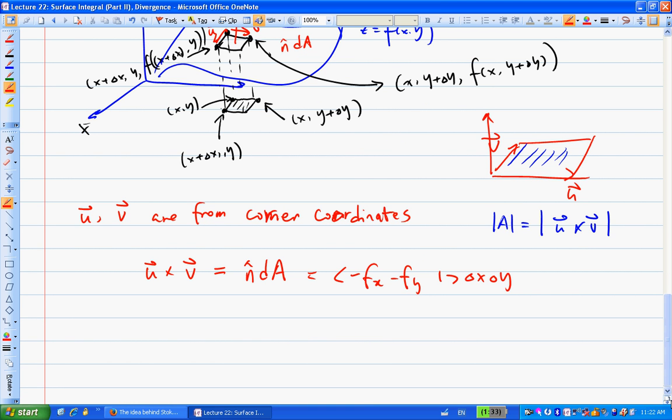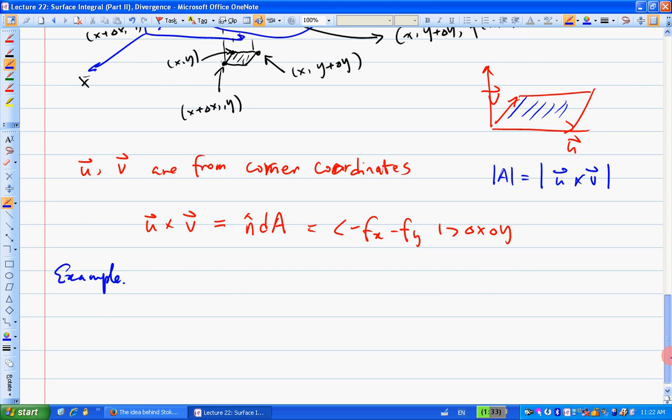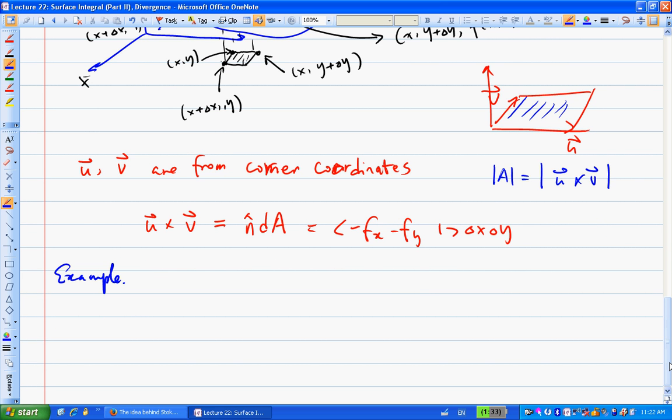Okay, so now I'm ready to do some examples. I have a vector field, which is this.